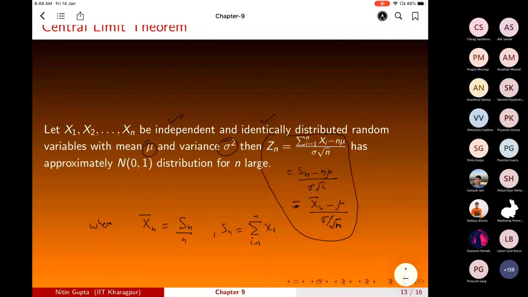This random variable has approximate normal 0, 1 distribution for large n. So that is basically the central limit theorem.